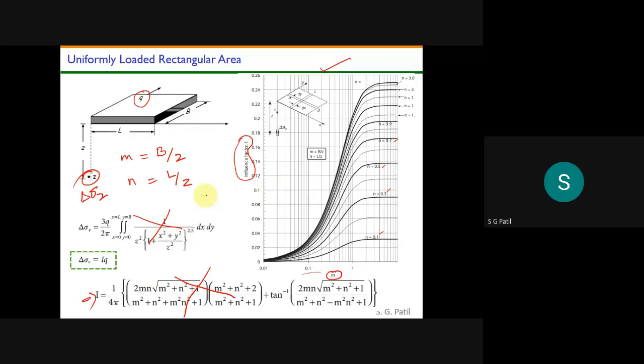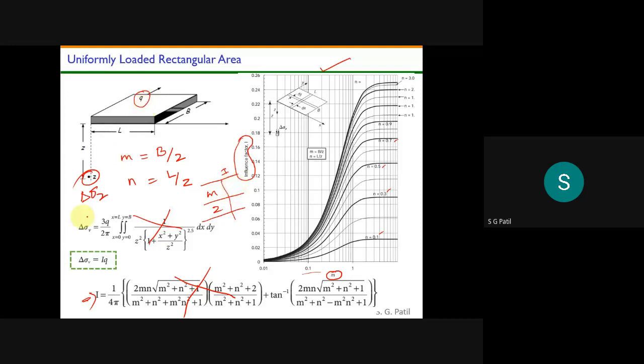For different m and z combination, he will give the influence factors. So simply you calculate m and z, go to that table and pick up the influence factor. Then you multiply that influence factor with your q value.